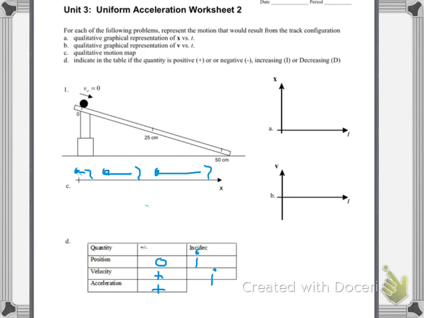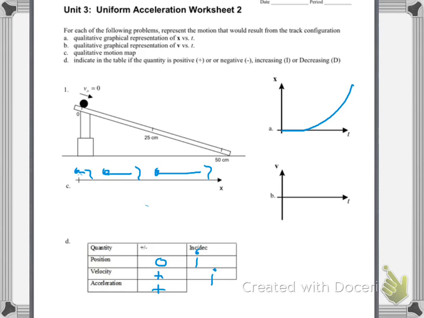If we want to draw our position versus time, we start at the origin, so a position of 0, and then the slopes initially are going to be very, very small. It's not traveling as far per every unit of time, but as it moves on, the slopes will gradually get steeper and steeper, so we get our parabola.